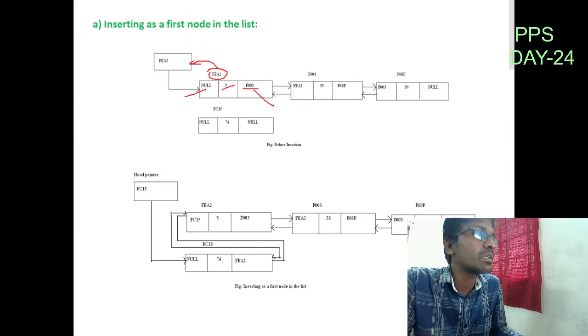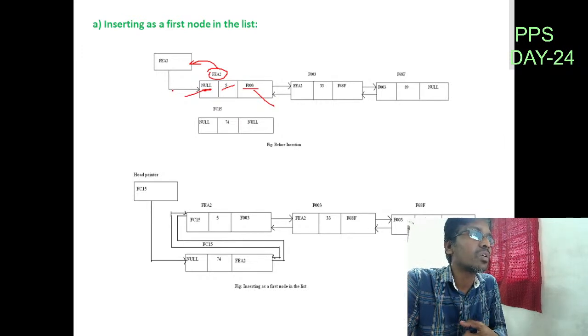And why did I mention null address here? Because there is no previous node. Before 5 there are no nodes, so I don't have an address of the previous node. That's why the starting node always contains null address.